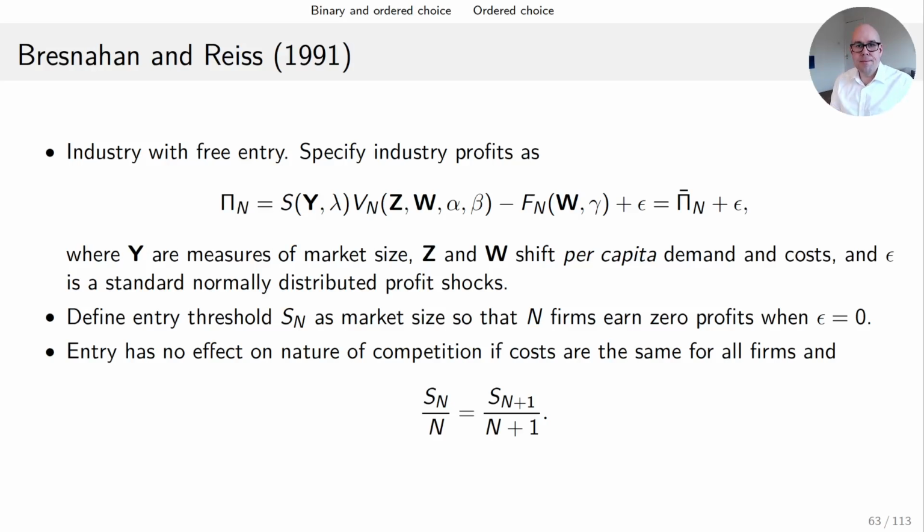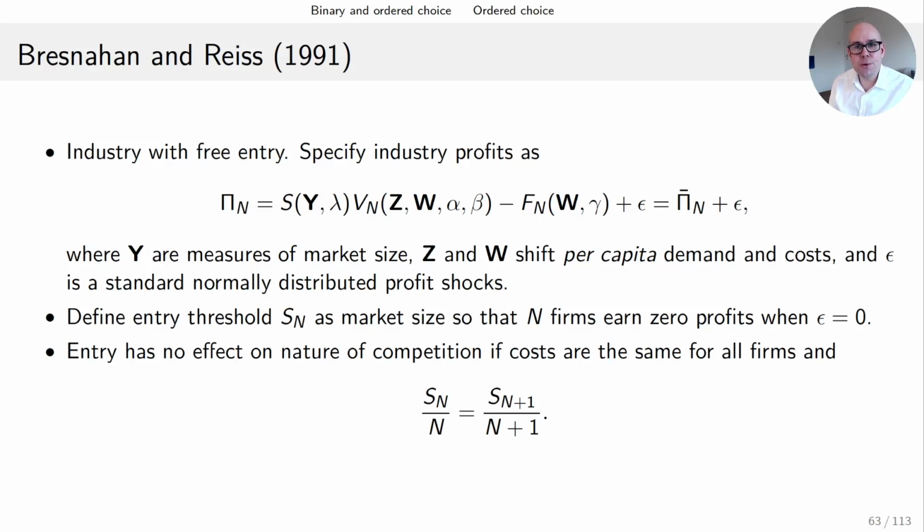Good. So what I'm going to do now, now that we've actually already covered the entire model, if you like, is I'm going to talk about two structural models that are quite famous in the literature, where in the end of the day, we're estimating a version of an ordered choice model.